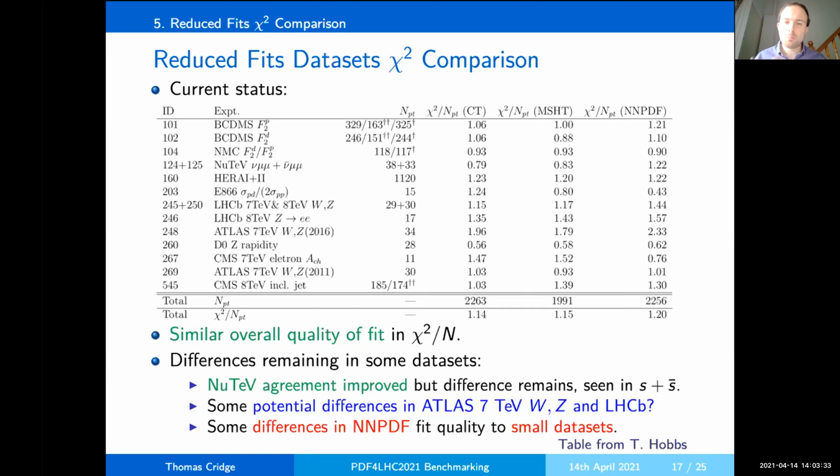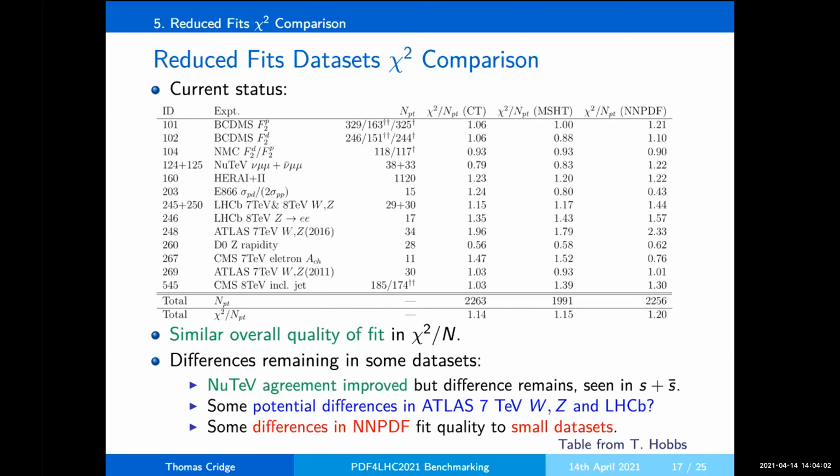And that's usually the first point we do when we're looking at a particular data set. We haven't directly done that yet for the ATLAS and LHCb because it's not one of the data sets where we saw the biggest differences, so we haven't focused upon it. But what you can see in the last table is that you're seeing similar chi-squared over n before the fit, and the differences remain after the fit. So we don't expect that to be the source of the differences, but we really would need to look into that further. And that's something I agree we should do.